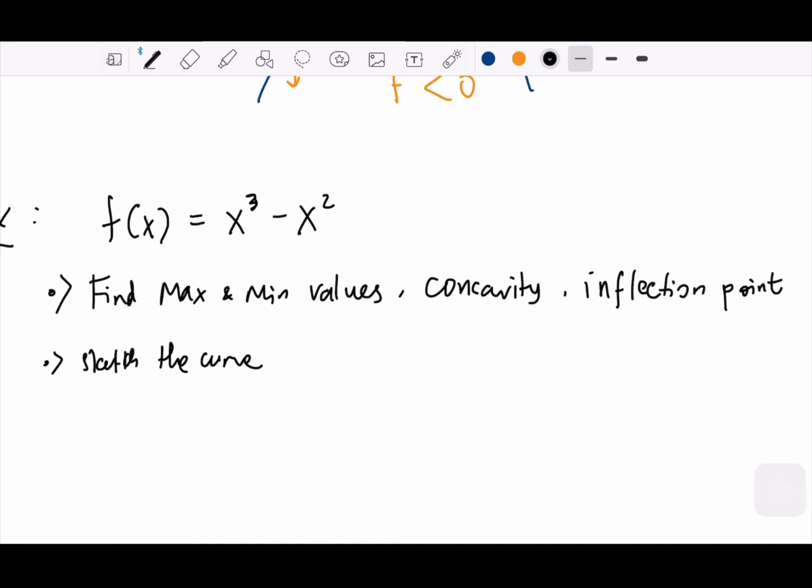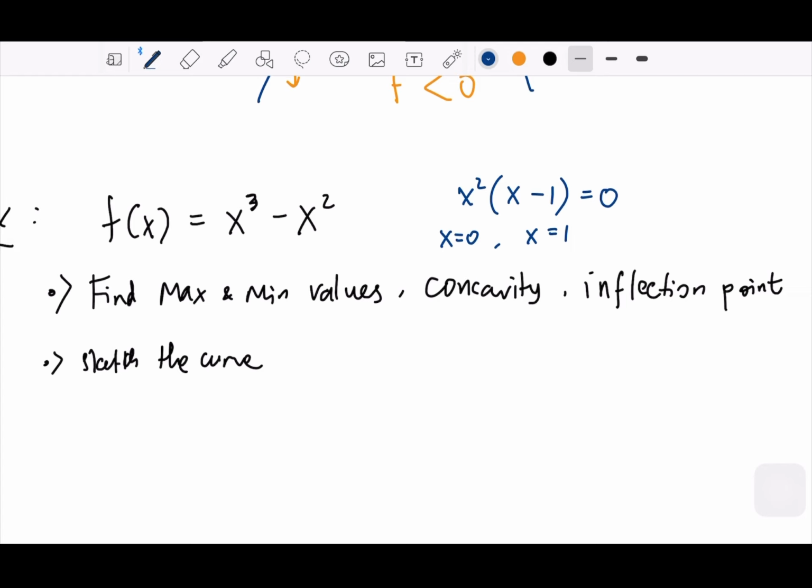So maybe I will write the function like this, and we can set it equal to 0 and find where the function crosses the axis. We find that when x is 0 and when x equals 1, the function becomes 0. Which means that the curve will be crossing these 2 points. This helps us to draw.